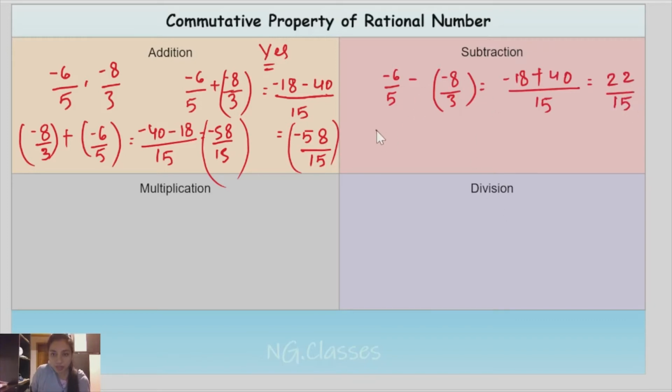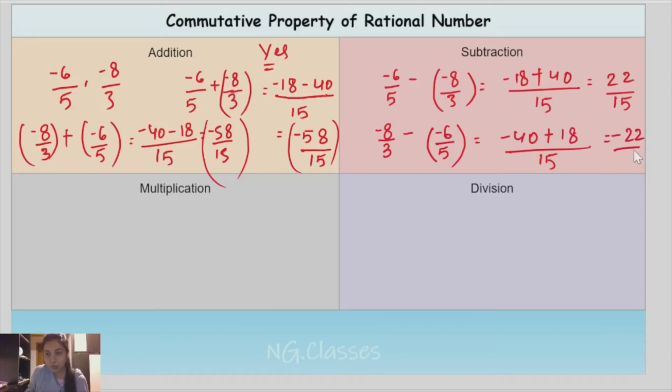At first I am writing minus 8 by 3 and then minus of 6 by 5. It will be 15, minus 40 and here positive 18. So we will get negative 22 by 15.